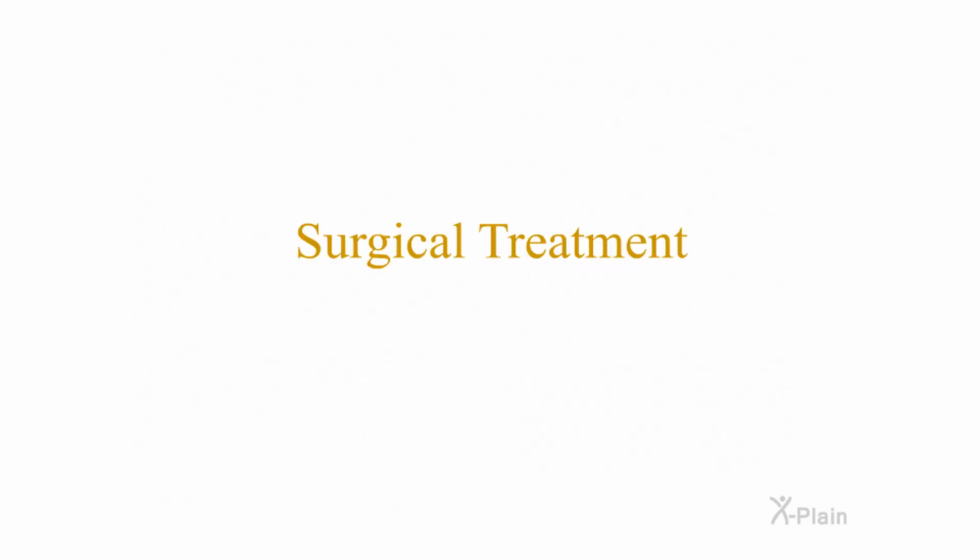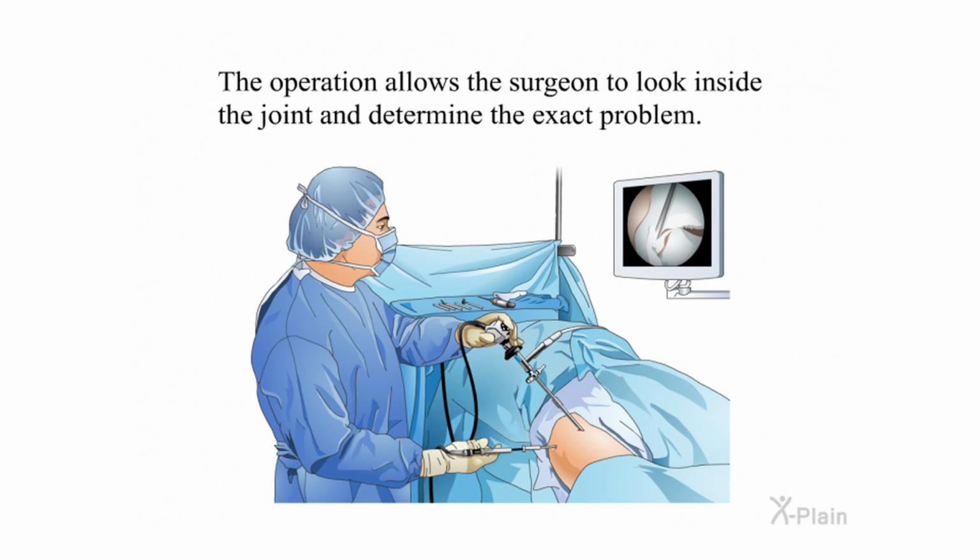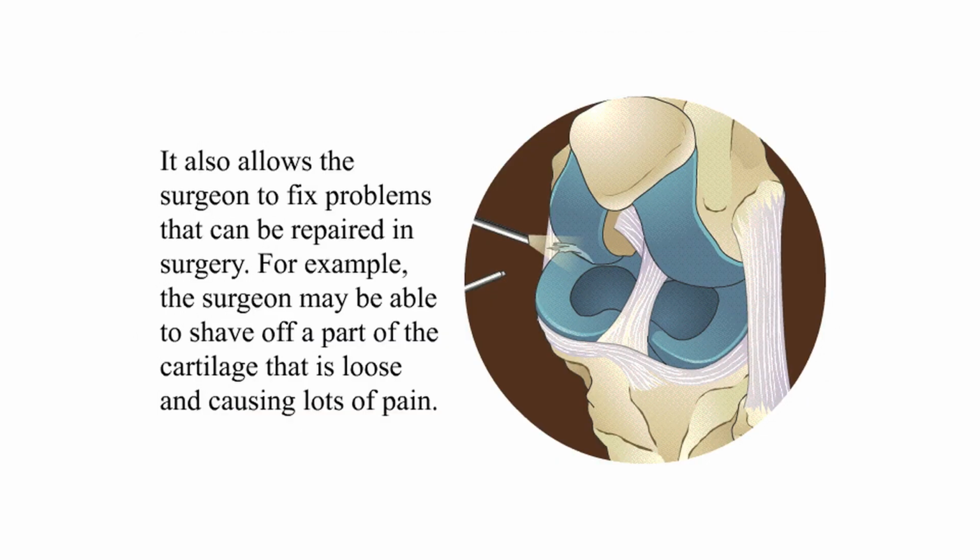Surgical treatment. The operation allows the surgeon to look inside the joint and determine the exact problem. It also allows the surgeon to fix problems that can be repaired in surgery. For example, the surgeon may be able to shave off a part of the cartilage that is loose and causing lots of pain.